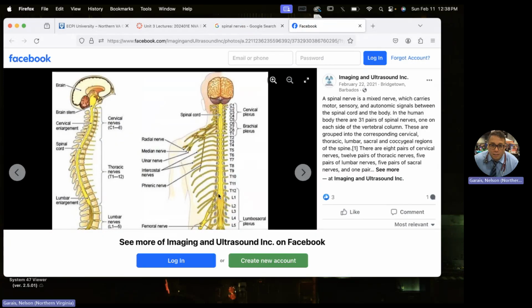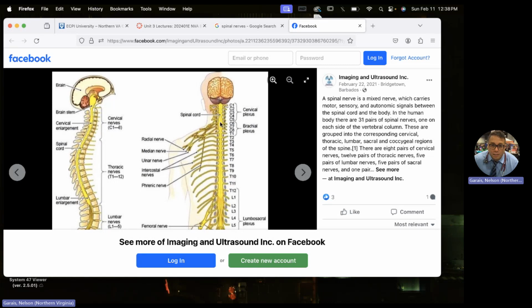This is your spinal cord. That's central nervous system. But see all of these other nerves coming out, right? Radial nerve, medial, ulnar, all of these. These are all your spinal nerves. They're part of your peripheral nervous system. If I cut spinal nerves, you will become paralyzed, but you will not die.